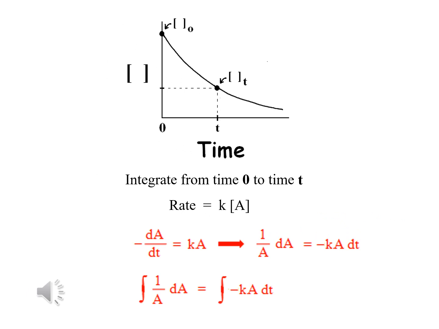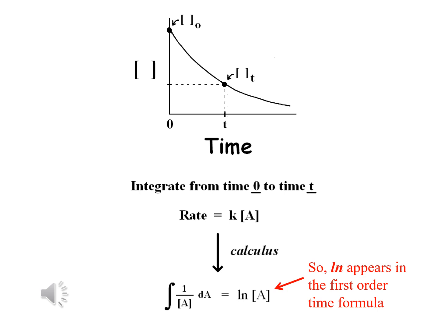If you want to take the area under this curve, you have to write the rate not with deltas, but with little d's, which are differentials in calculus. A differential is an infinitesimally small change. So in calculus, you would write the rate as minus dA/dt. And then you want to integrate that function.